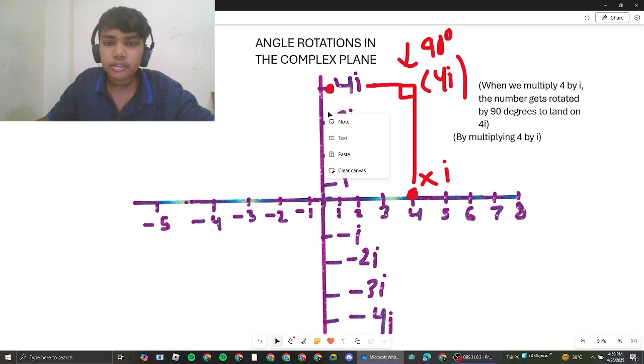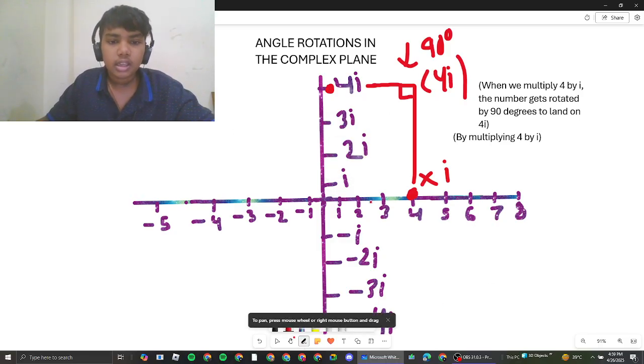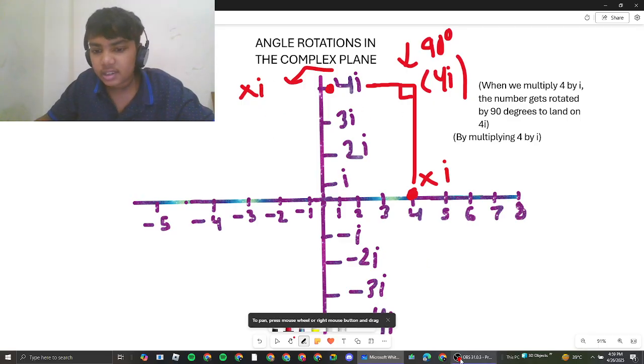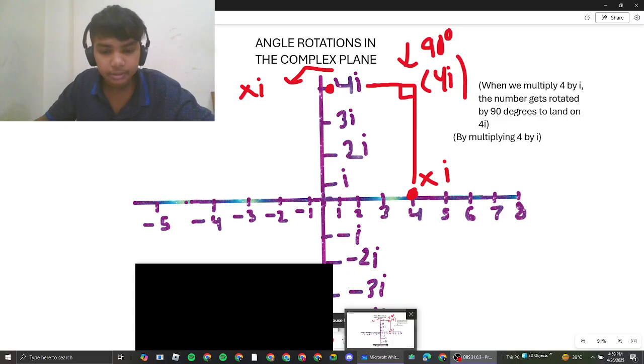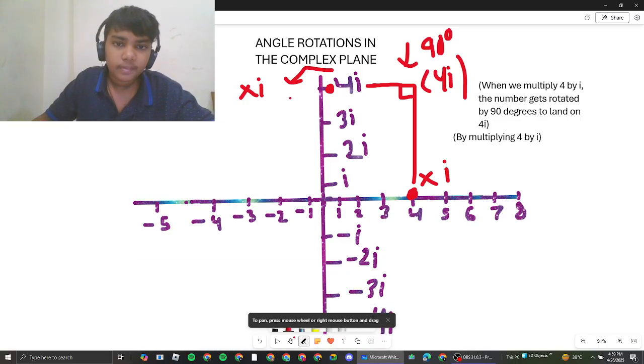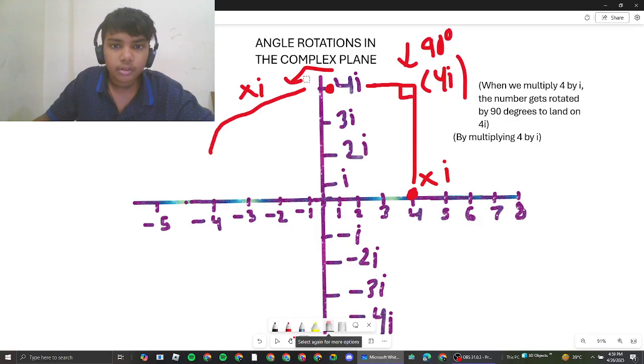Now, suppose I multiply this by i again. If I multiply 4i by i, what would I get? 4i times i is 4i squared, and i squared is -1, so this will land on -4.